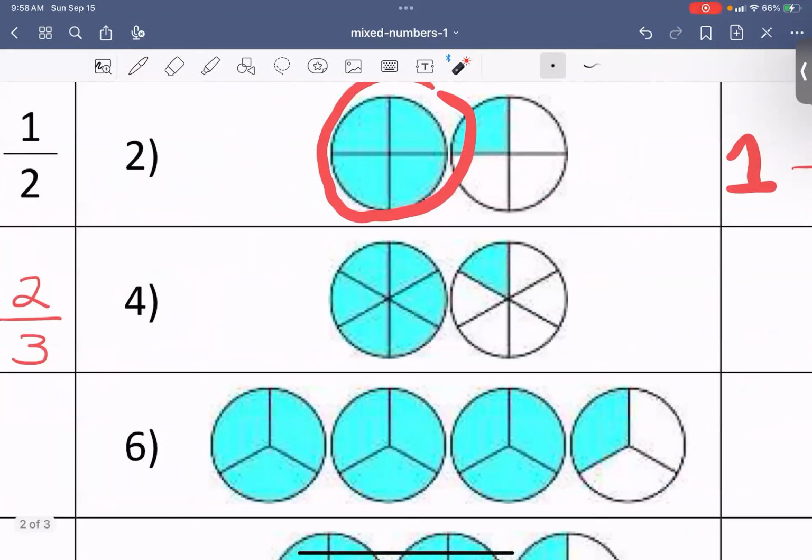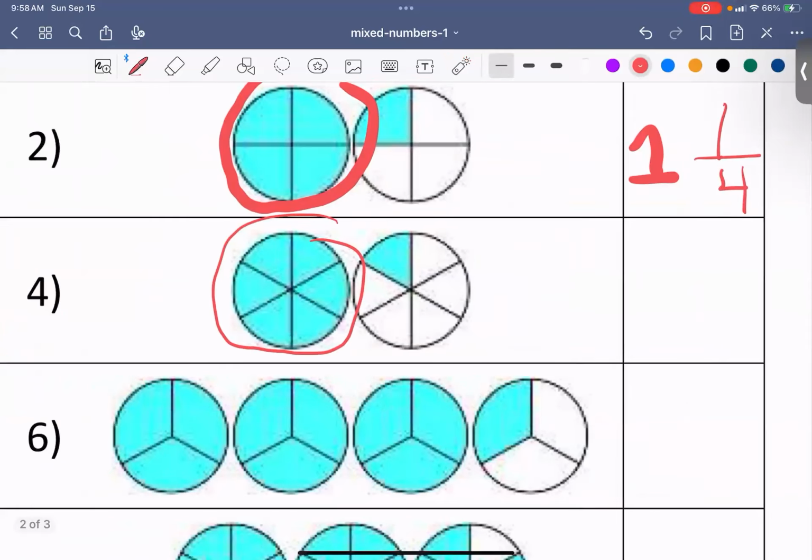In the next one, we have one full circle that's shaded, and it's cut into 1, 2, 3, 4, 5, 6 parts. So we have one full circle that's shaded. All the parts are shaded. And then in the next circle, we have 6 parts of the one circle, and one part is shaded. So we have 1 and 1/6.